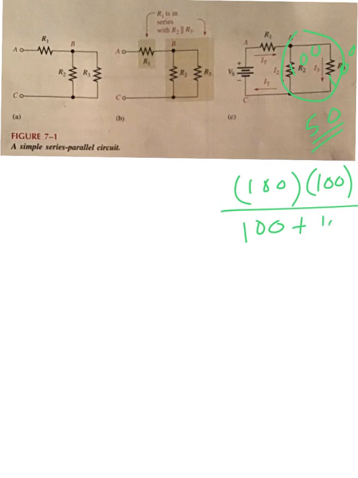If we say that this was 100 ohms and this was 100 ohms, then we could say that the parallel branch, due to product over sum rule, or the 1 over, would produce 50 ohms. Okay, try that. 100 times 100 over 100 plus 100.